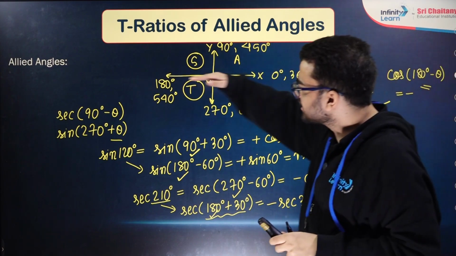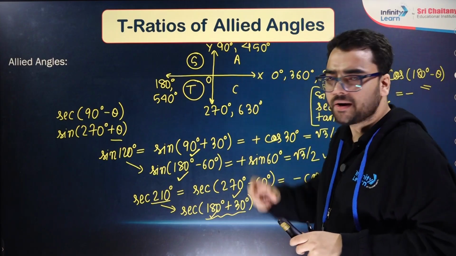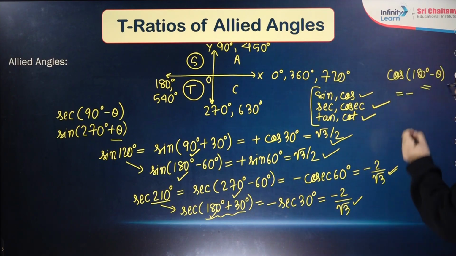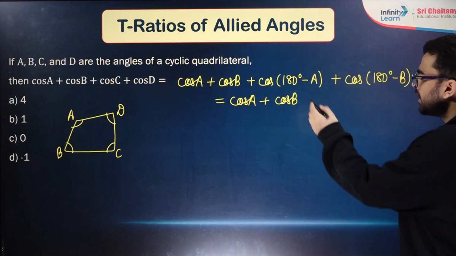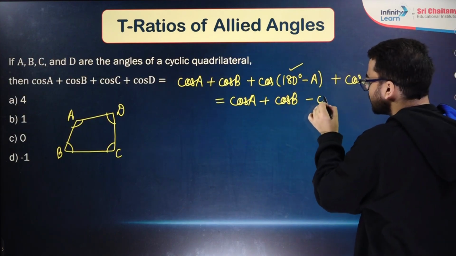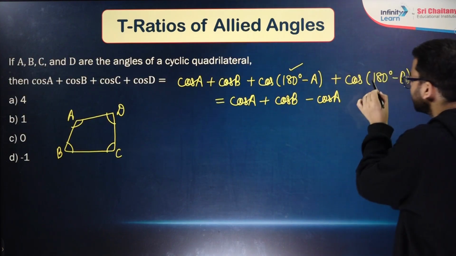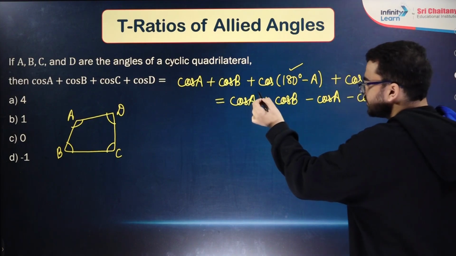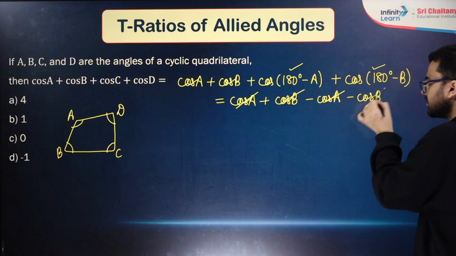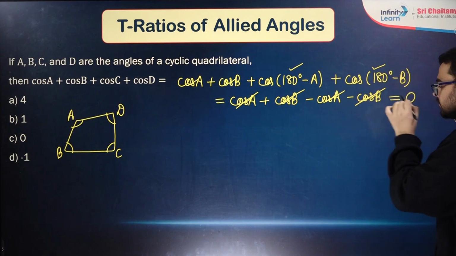Now when the reference is horizontal axis, the trigonometric ratio will not change. So cos 180 minus theta is cos theta only, correct? So over here, this will be minus cos A. And this will be minus cos B. So you see, this will be cancelled out and this will be cancelled out. The answer is 0.